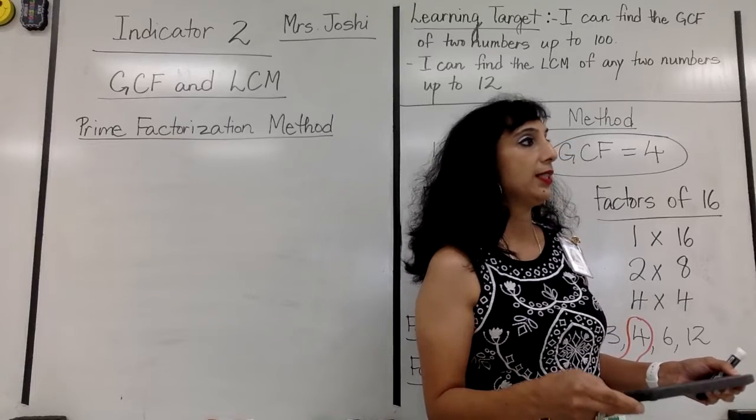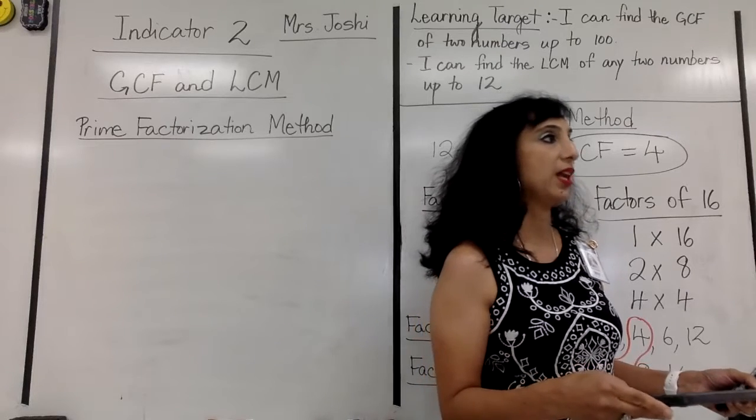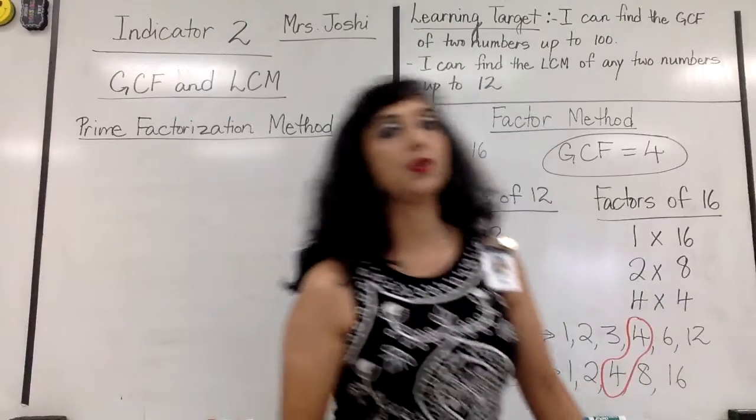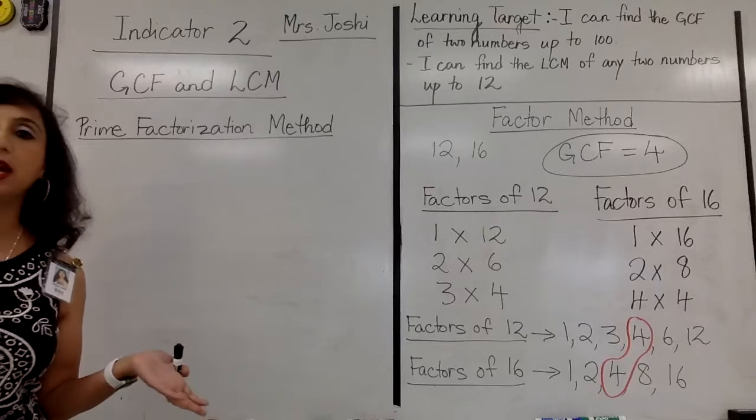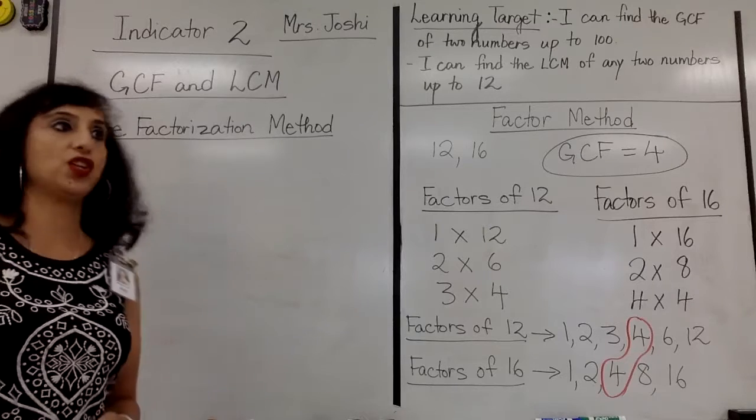Let me go ahead and just use the same numbers, 12 and 16, so that we can see how it doesn't matter which method I use, I will still get the same answer.